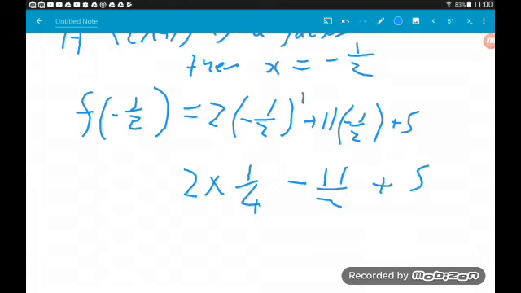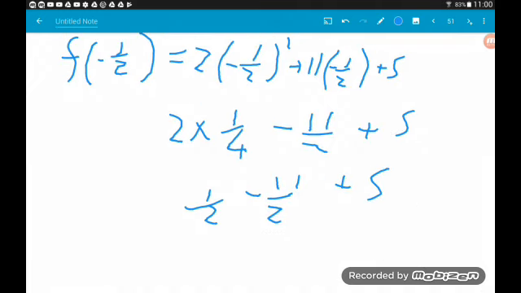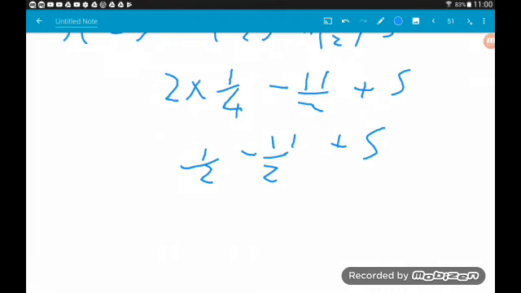2 times 1/4 is 1/2, minus 11 halves, plus 5. Now 1/2 minus 11 halves is minus 10 halves. So we've got minus 10 halves plus 5. Minus 10 halves is minus 5.